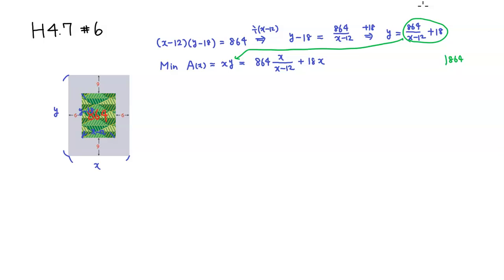864 divided by 18, what would that be? Let's see, 4 times 8 is 32, and 4 times 1 is 4, so it's going to be 72. Then you have 144.